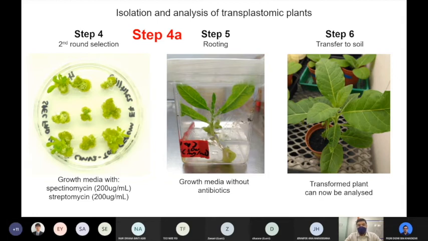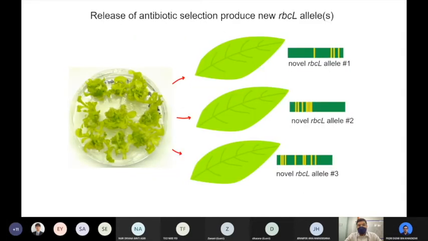to be analyzed. But I want to point out that there's another step here, in between steps 4 and 5, which is very important, because this is where, when we remove the antibiotic, as I said before, it allows the DNA repeats to start aligning and recombine.